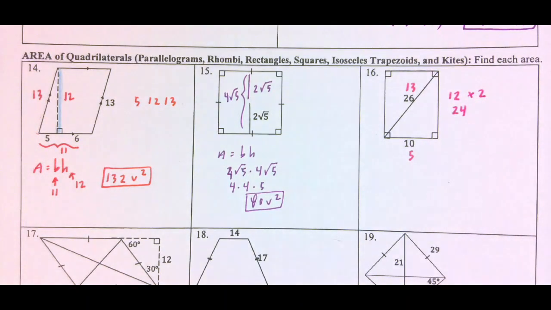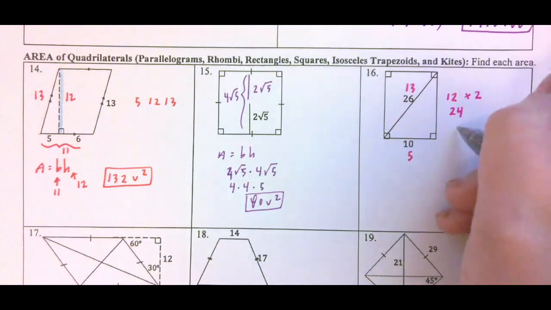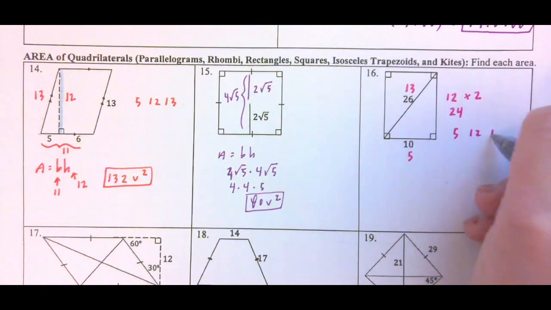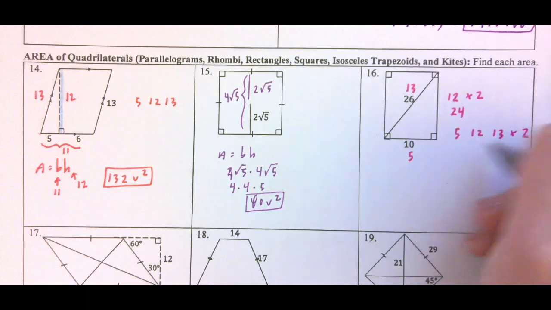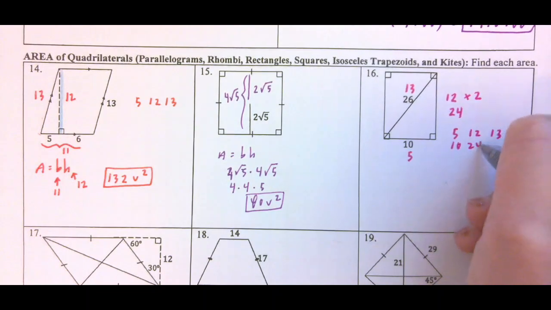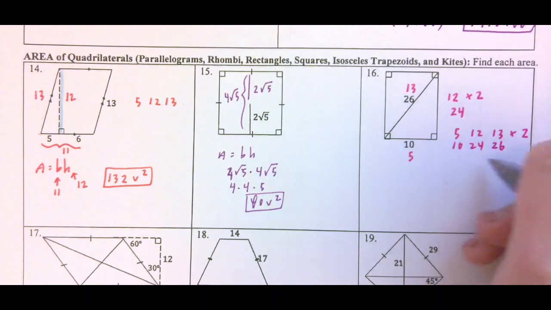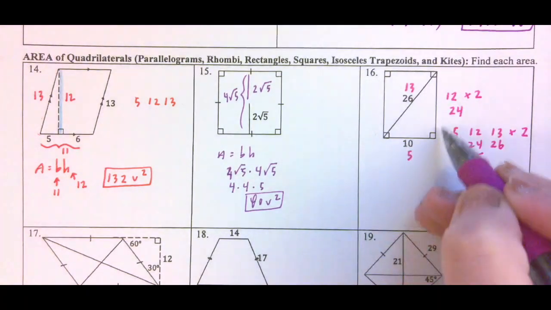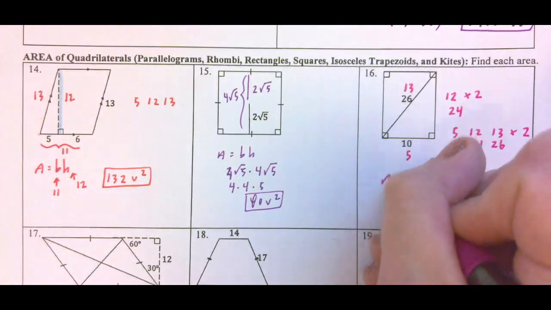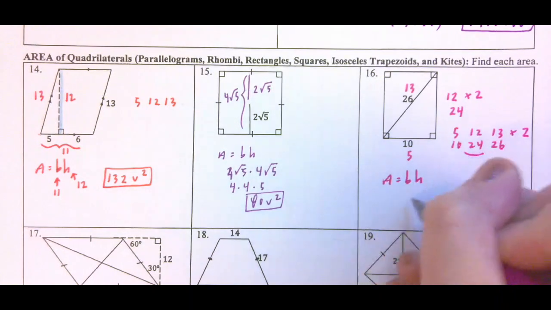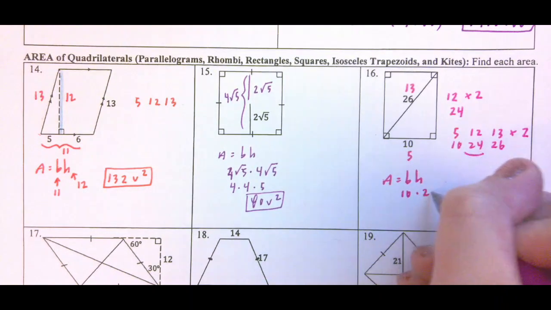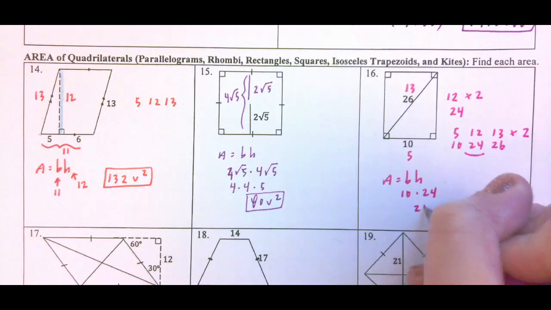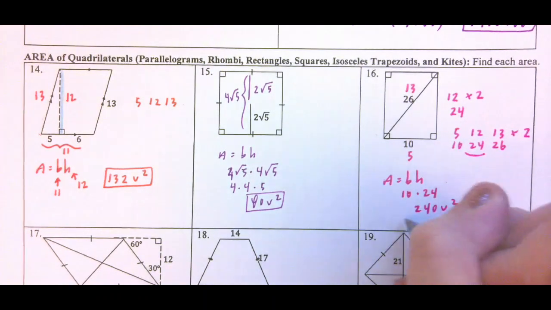So this is really the same triple that we saw earlier, the 5, 12, 13, but times 2. 10, 24, 26, and it was the 24 that we needed. So base here is 10, height here is 24. Base times height. So 10 times 24, and we get 240 square units.